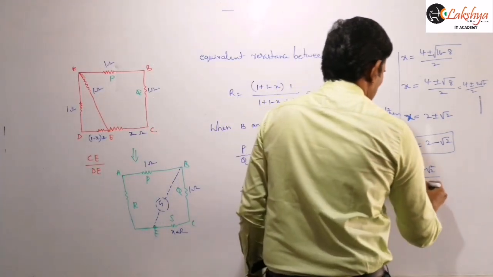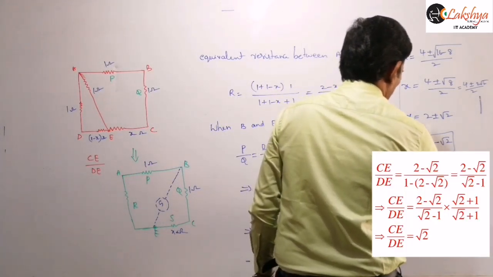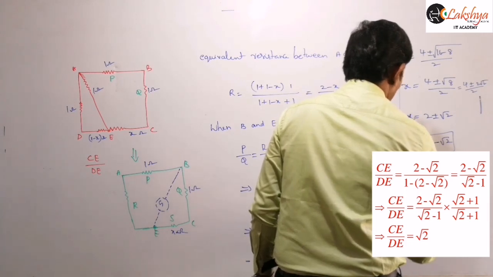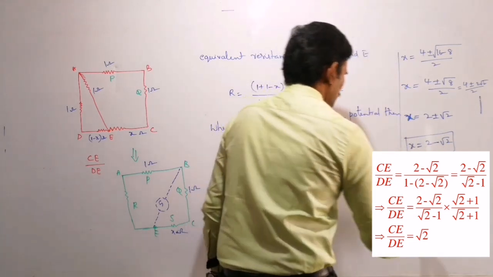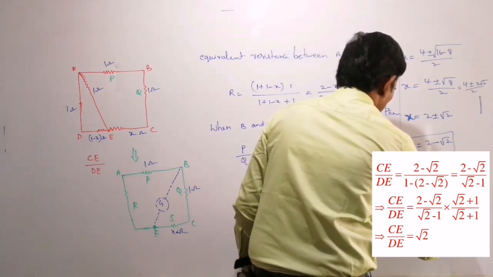So 1 minus of 2 minus root 2. So then on simplifying, 2 minus root 2 by root 2 minus 1, and now we can rationalize this.